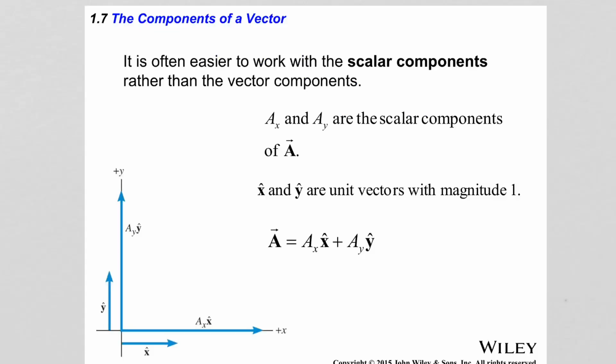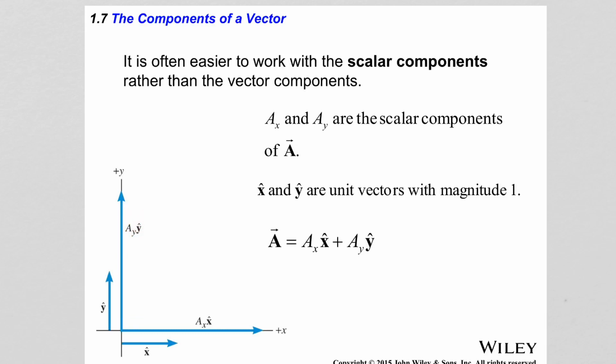So here, this slide again talks about the scalar components. It's often easier to work with the scalar components rather than the vector components. So here we have the unit vectors x hat along the positive x-axis, y hat along the positive y-axis, and the two vectors: ax presented as the scalar component ax times the unit vector x hat, and the scalar component ay times the unit vector y hat.